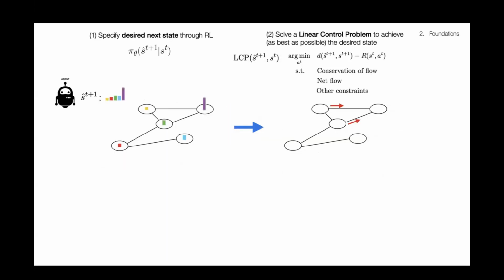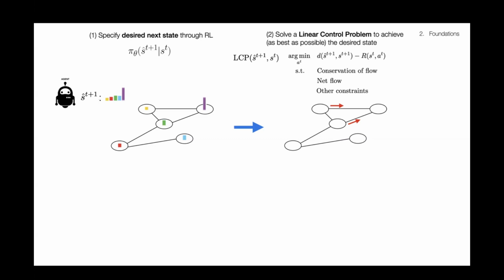Okay. So why is this interesting? This specific formulation, as we will see also in the next talks, has some redeeming properties. Here, I'm abstracting away from the specific formulation by seeing the two steps that entail rebalancing as reinforcement learning, tasked with specifying a desired next state in our environment.